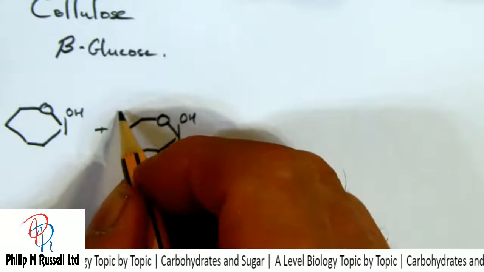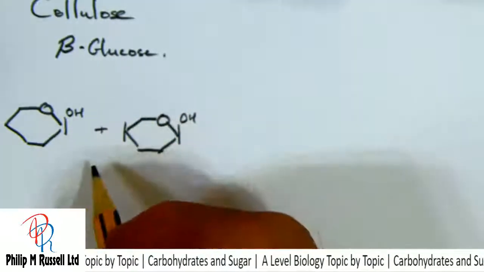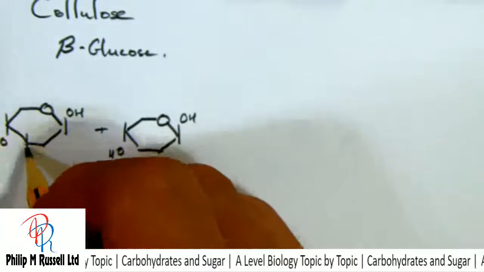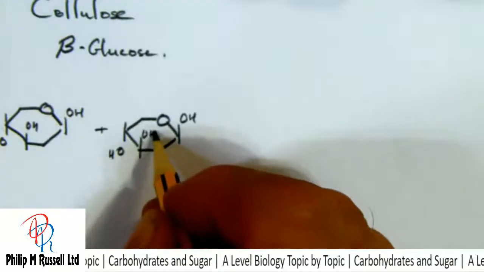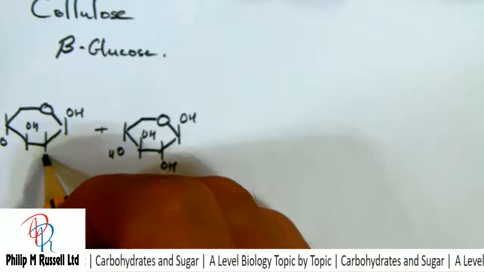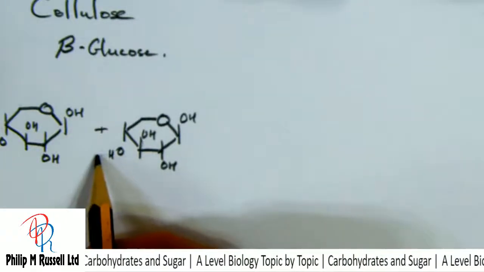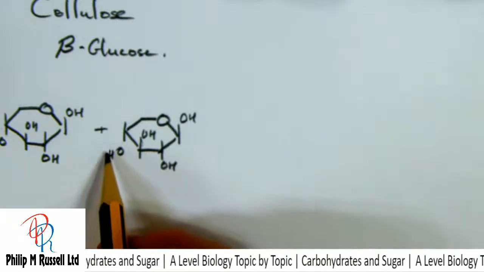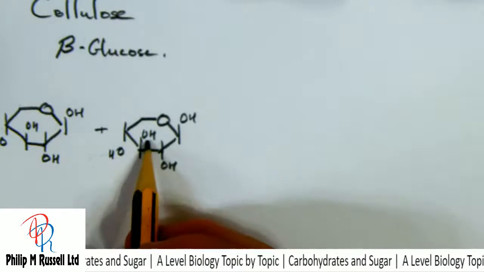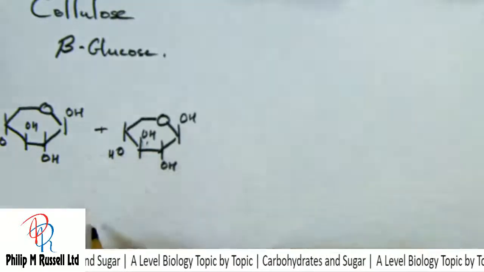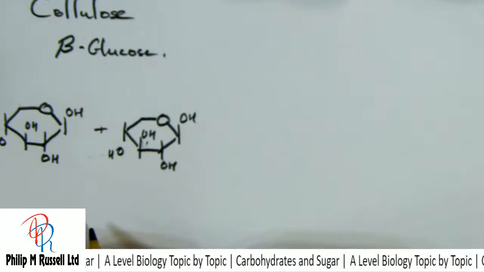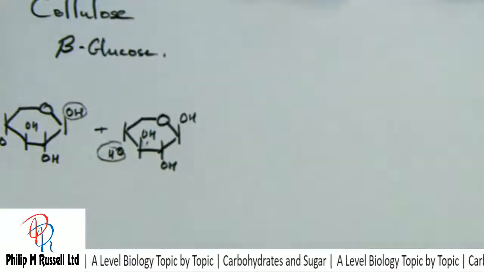So this one here is in the down direction, this one's up, this one's down. When this is going to join, we need to flip one of these molecules. So that's going to join there. Let's try and sort this one out, because these are not the same way round.